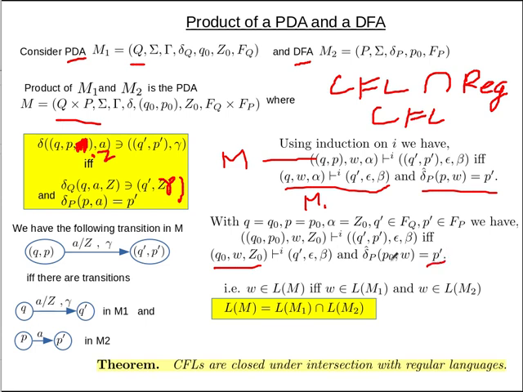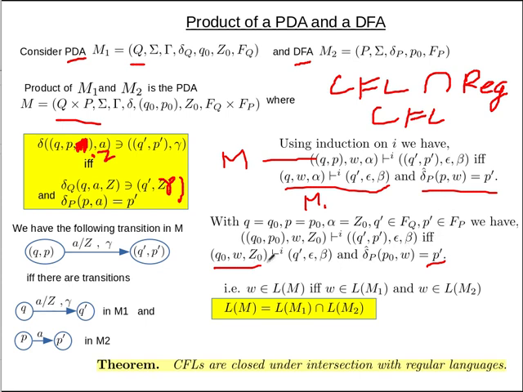So now you see that you consider acceptance by final state in this PDA and also in this PDA. In both these PDAs, you consider acceptance by final state. So you see that this w will be accepted here if this q prime is a final state in the PDA. So this will be accepted in the DFA if this p prime is a final state in the DFA, right?